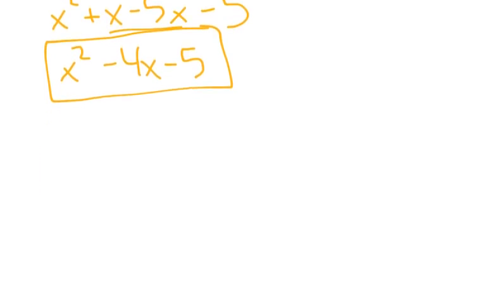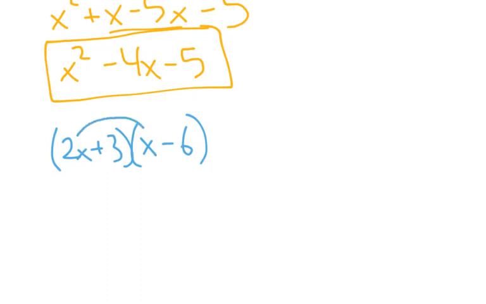Finally, let's do it where we have something that's not just x at the beginning. Let's have 2x plus 3 times the quantity x minus 6. The process remains the same. The numbers are just going to be a little more complicated. So 2x times x is 2x squared. Then we go outside.